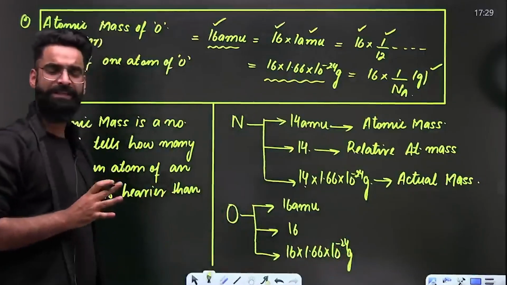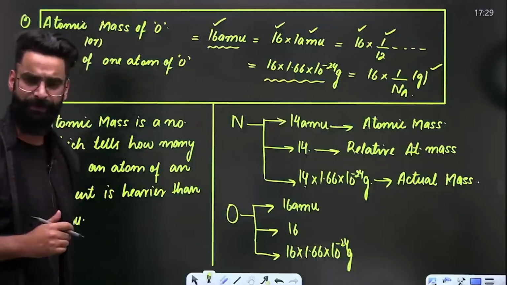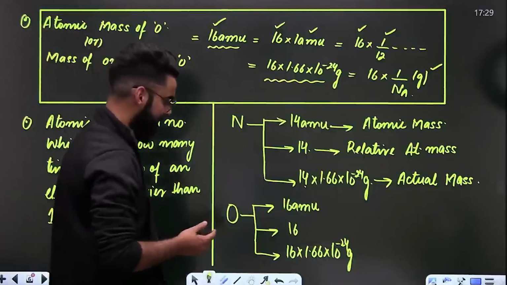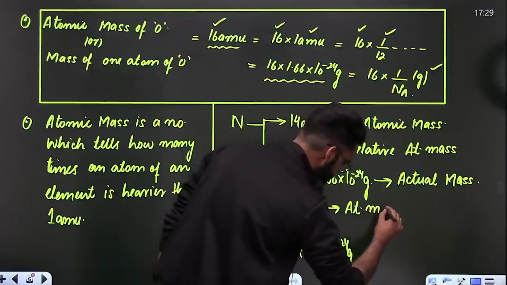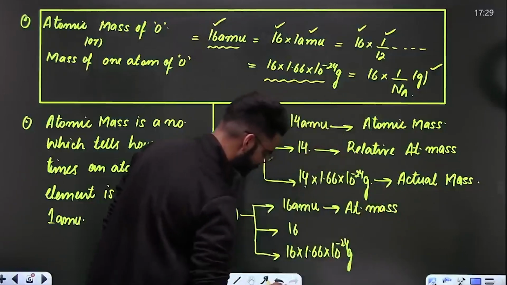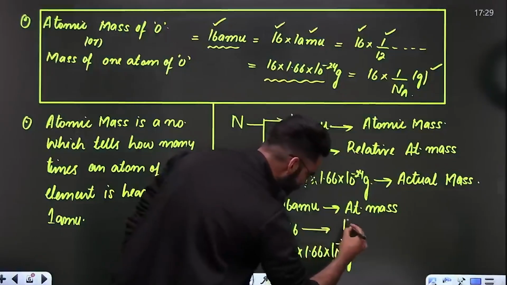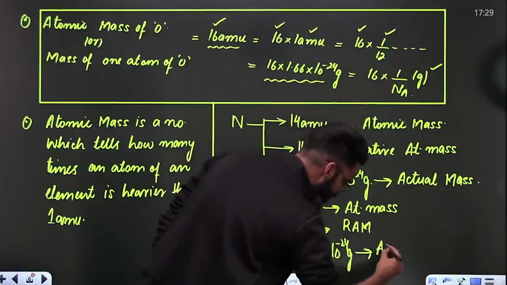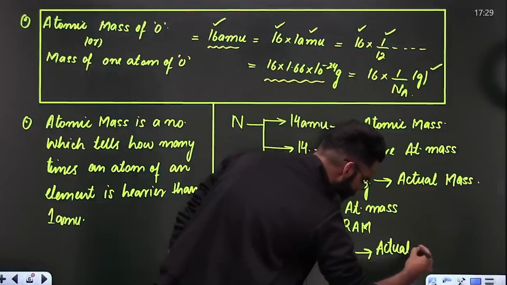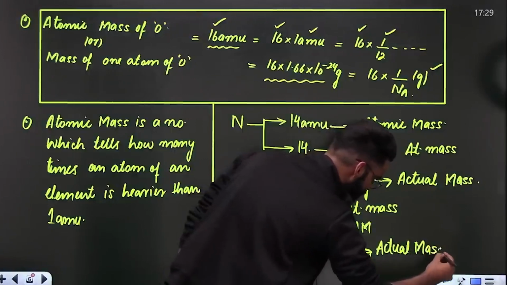You need to let me know whether these three terminologies are the same or different. These are absolutely different. The 16 AMU, you will be calling the atomic mass of oxygen. The 16 here, you'll be calling the relative atomic mass of oxygen. And this particular term, you will be calling the actual mass of oxygen.